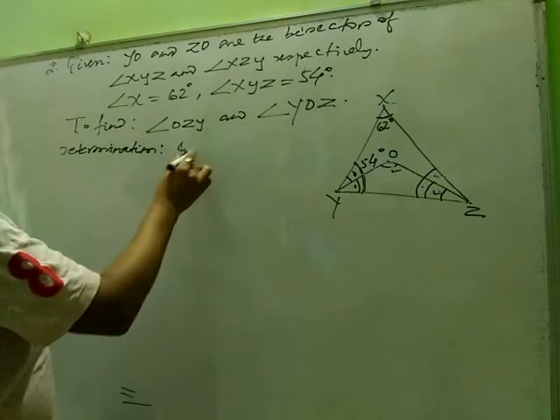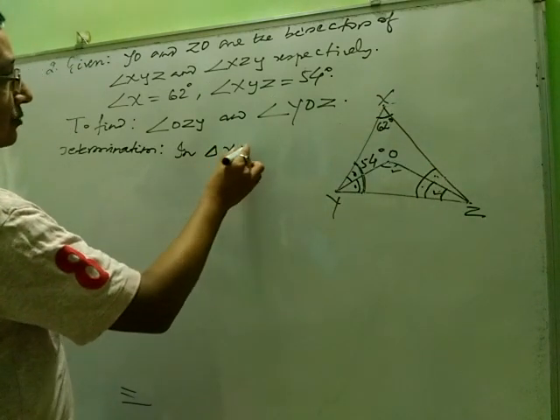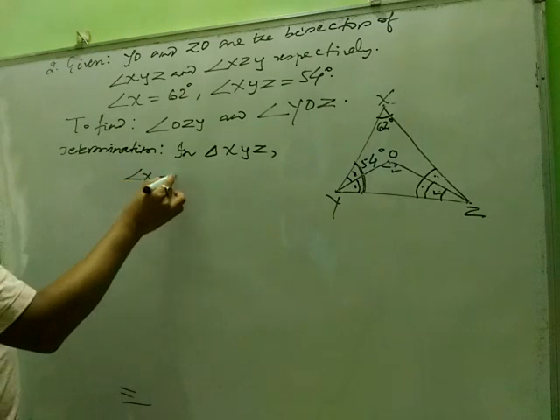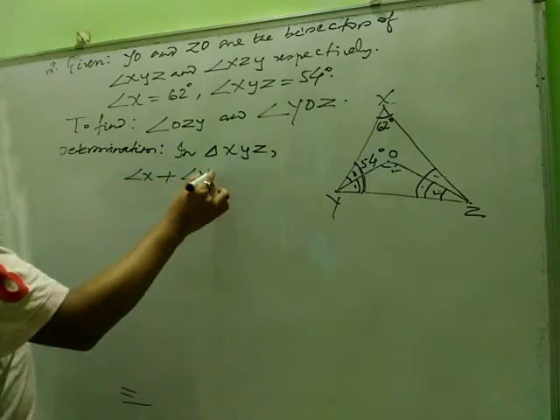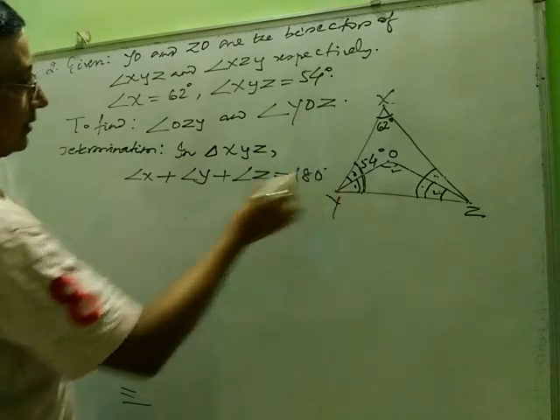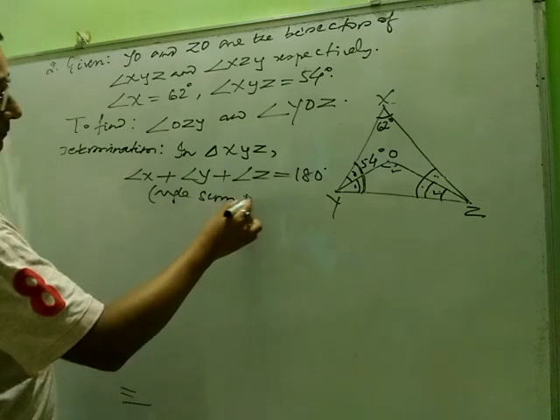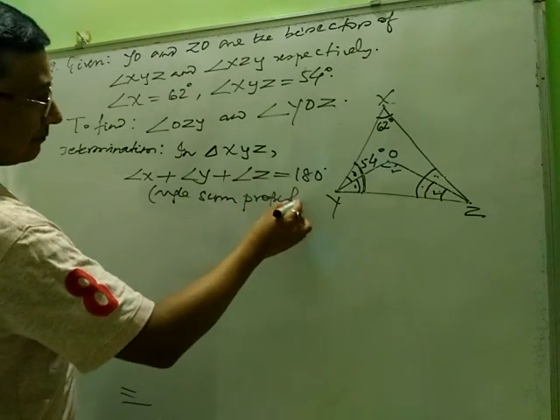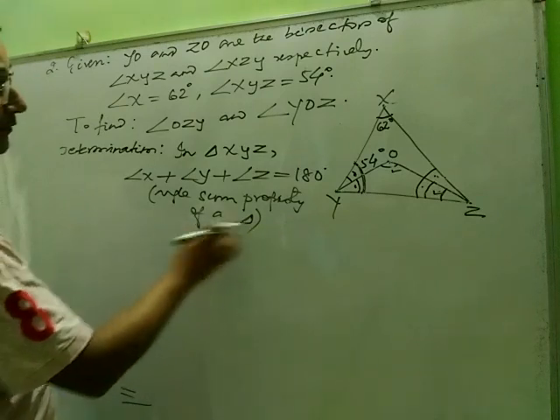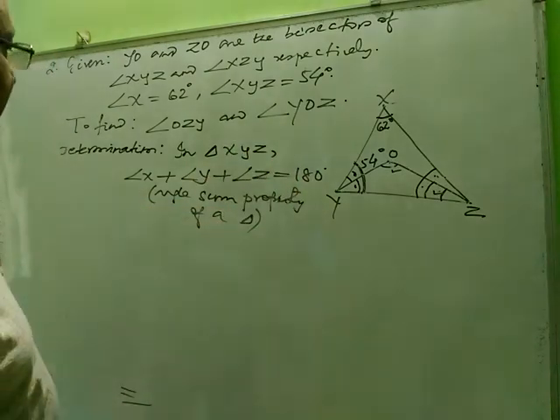In triangle XYZ, angle X plus angle Y plus angle Z equals 180 degrees. This is due to the angle sum property of a triangle, which means the sum of the three angles of a triangle is 180 degrees.